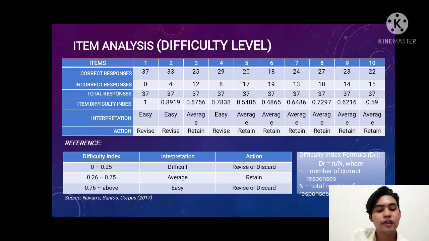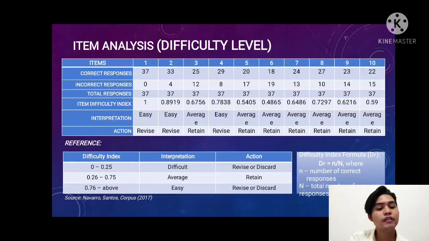In item number 7, got 24 correct responses with 13 incorrect responses with an item difficulty index of 0.6486, and its interpretation is average, and the action should be retain.